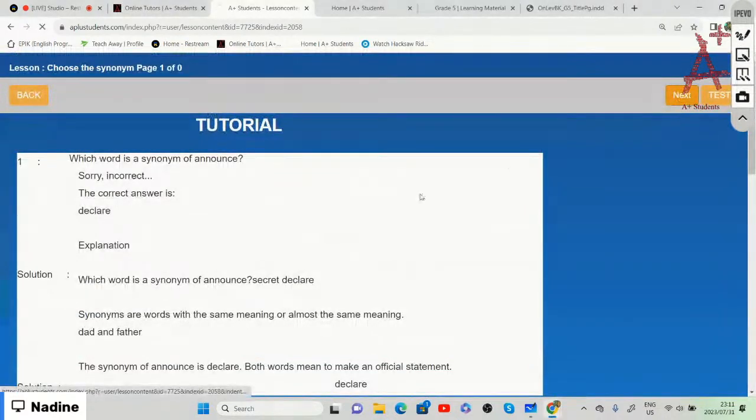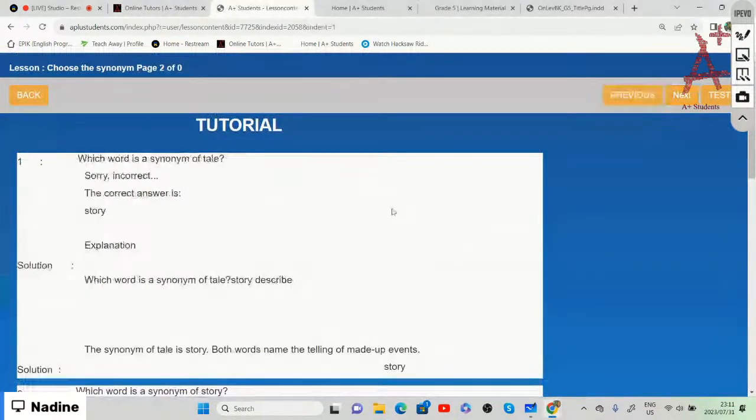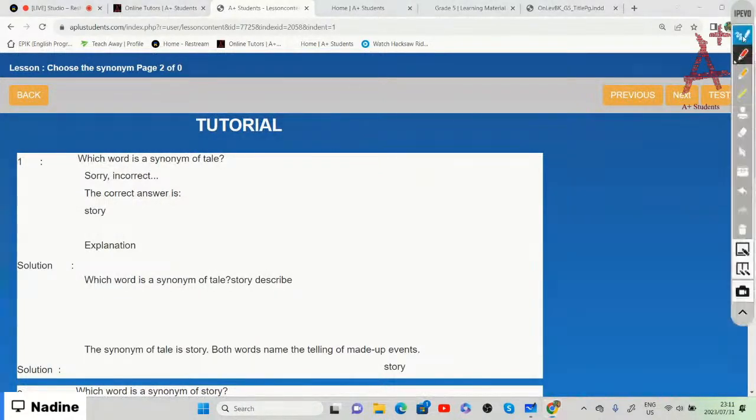Okay. A synonym of tale. If you are reading a story, then you can say that I am reading a fairy tale or a short tale, and that is the same as saying I'm reading a story. So a story can be a fairy tale or a tale that you are reading, and it means that it is a story.